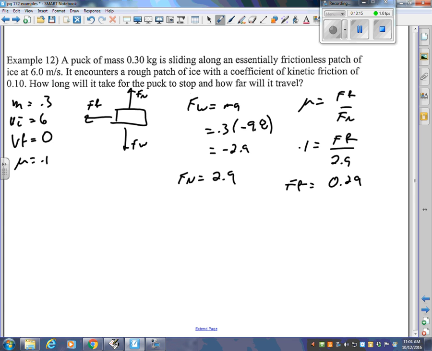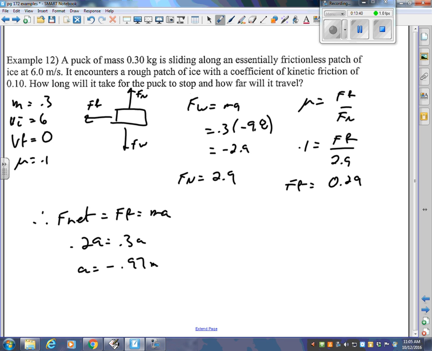And that is my net force, mass times acceleration. So that's my 0.29. The mass is 0.3 times the acceleration. You should get an acceleration that is essentially equal to 1, right? I actually got minus 0.97 is what I used.